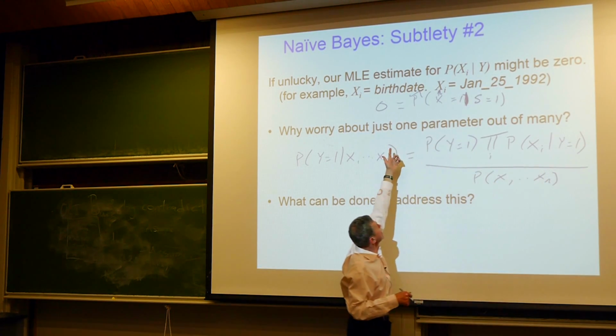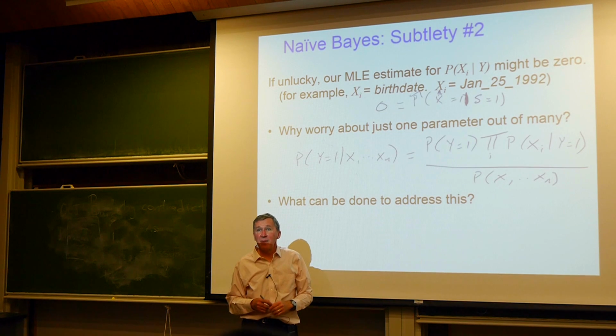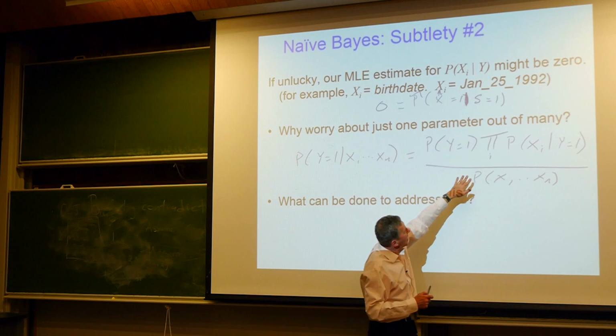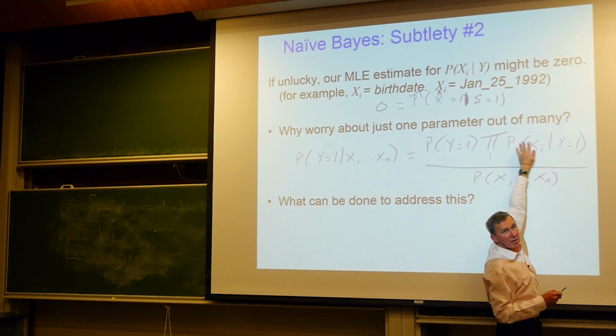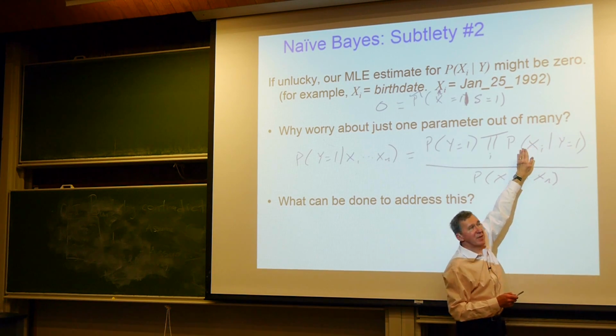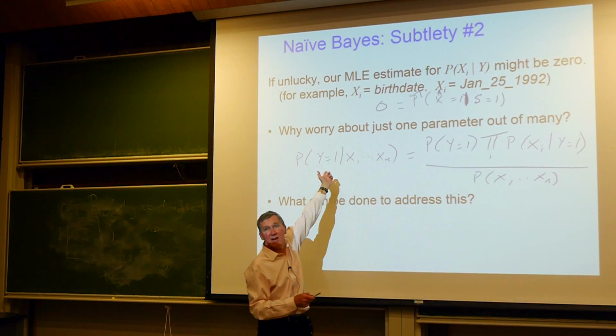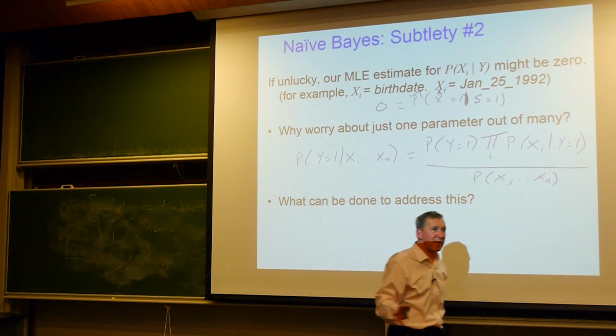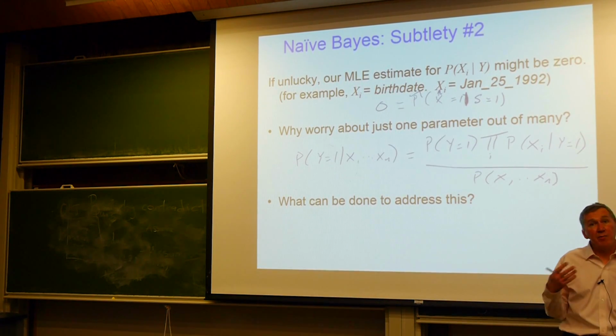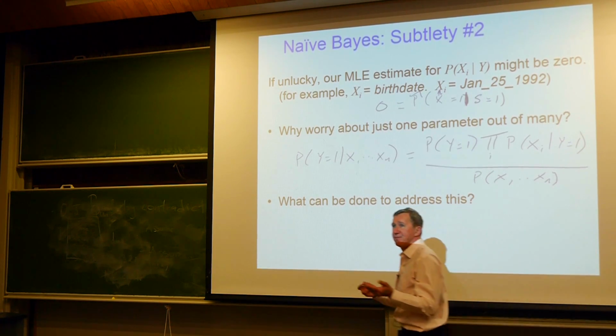It's problematic because if we have 1,000 features, it only takes one of them to be 0 to give us a 0 here. And so sparse data and maximum likelihood estimates of 0 are a big problem for us.